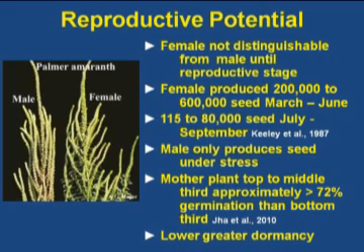If you get under stress, like an application of glyphosate, and you don't kill the plant, the male can produce seeds. Okay? On the mother plant, from the top to about the lower middle third, it produces about 67% to 72% of the germinable seed. The lower part, not as much, but most of those seeds have already gone into dormancy. And we'll talk about that in a minute.